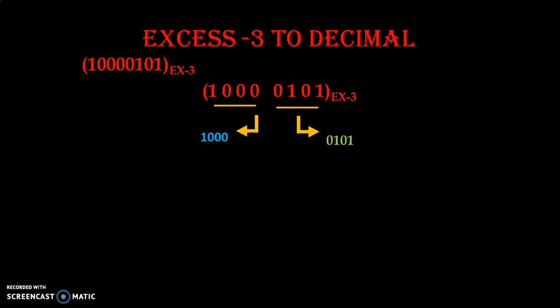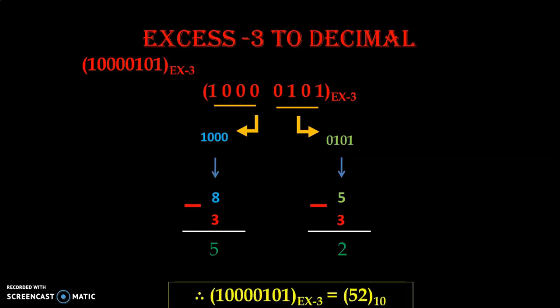So 0101 is 5, and in the same way 1000 is 8. Now the next step is very important. We have to subtract 3 individually from each decimal number. So 8 minus 3 is 5, and 5 minus 3 is 2. So our answer is 52. That is the equivalent decimal number.